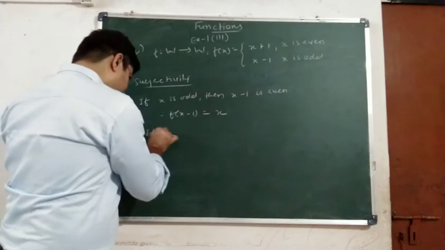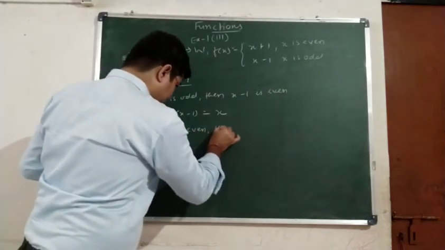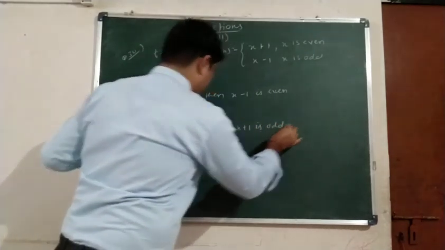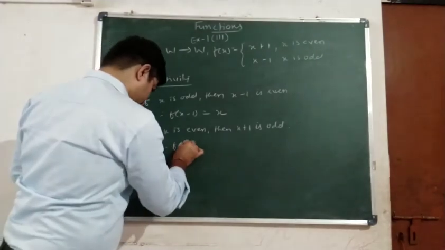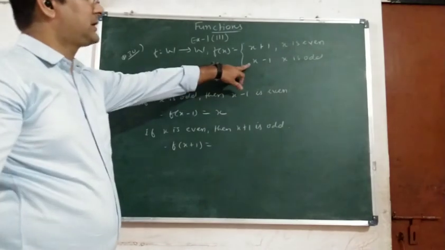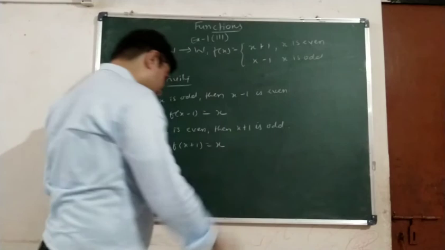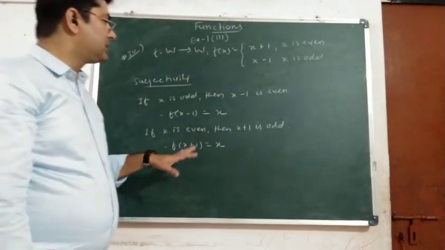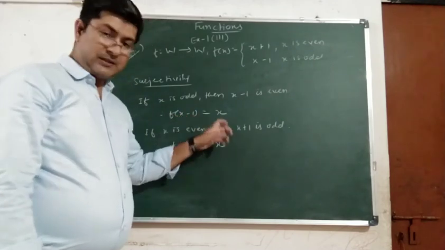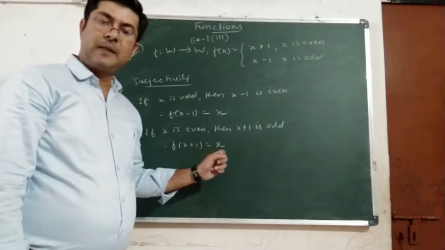And if x is even, then x plus 1 is odd, and therefore f of x plus 1. Okay, on substituting x plus 1 for x over here, again we get f of x plus 1 is equal to x. It simply means if x is even, then the answer will be odd, and if x is odd, then the answer will be even.